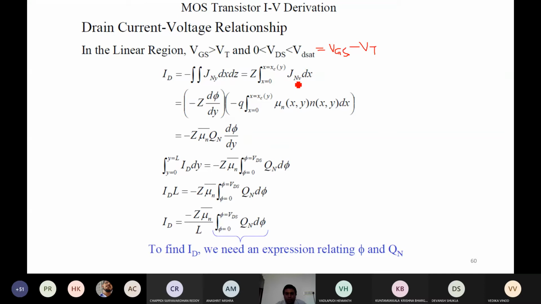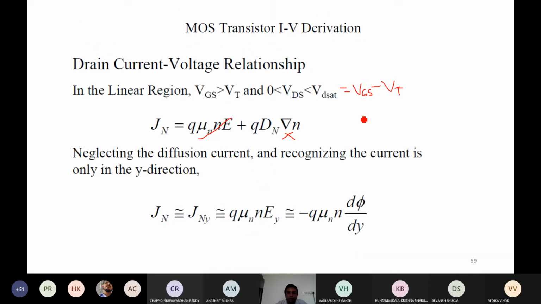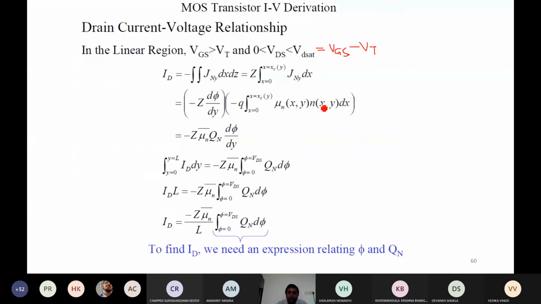Further, putting the value of Jn y here, with the first integral with respect to dz already taken and z outside, from here we put minus q mu n and d phi by dy as the value of Jn.